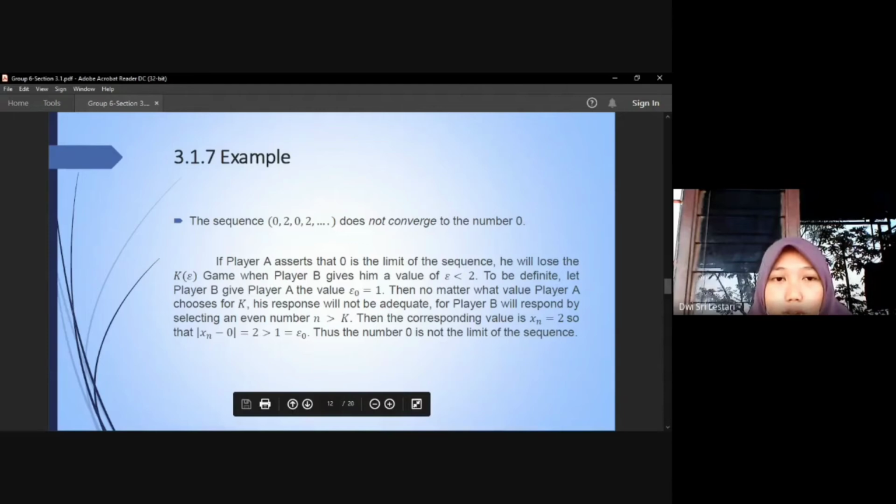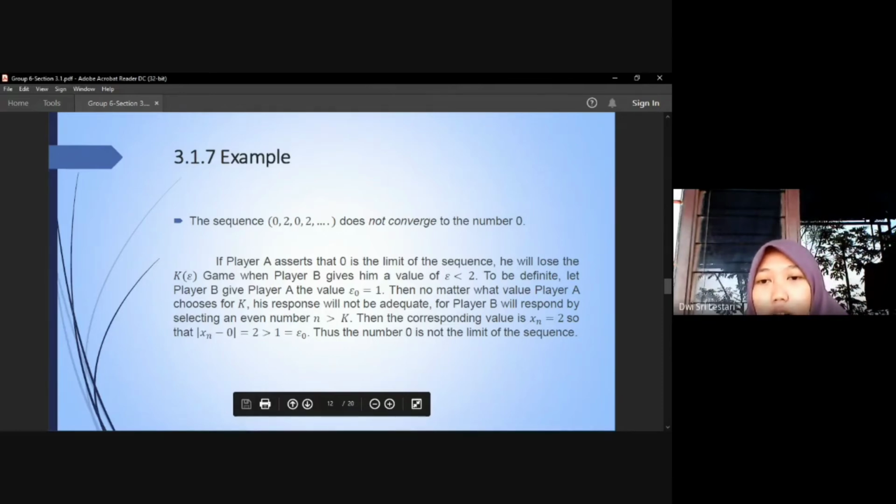For example 3.1.7, the sequence 0, 2, 0, 2, and so on does not converge to the number 0. If player A asserts that 0 is the limit of the sequence, he will lose the K(epsilon) game when player B gives him a value of epsilon less than 2. To be definite, let player B give player A the value epsilon_0 equal to 1.